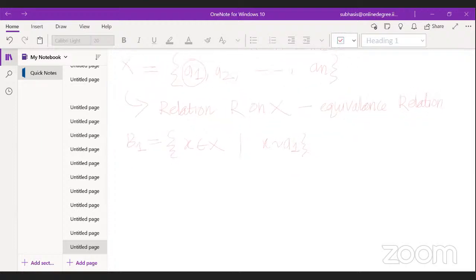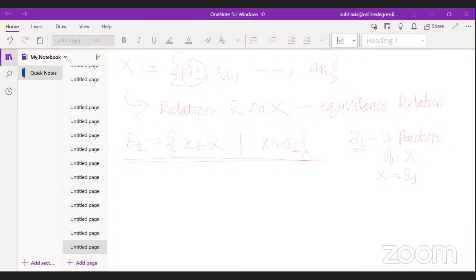Suppose you get all the elements of X in the set B1, then your B1 is a partition of X, that is, X is equal to B1. Is it clear what I'm trying to say?